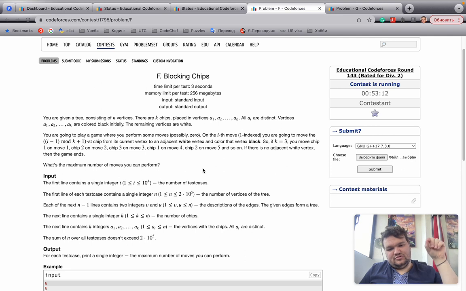So we have to choose non-intersecting paths with given starts. I feel like we should be able to do some dynamic programming on subtrees.